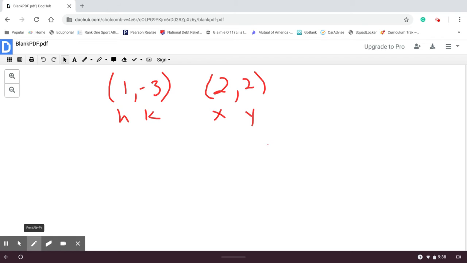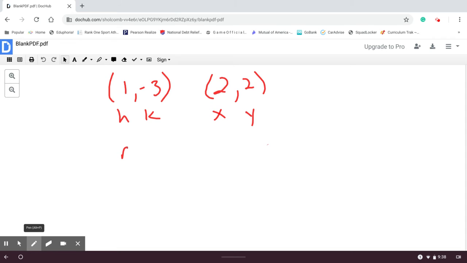Remember, the x and the y are all the points on the outside of the circle. And they're asking, what's the standard equation? But we need to find the r. Well, the easiest way to find the r is to just use the distance formula between those 2 points.